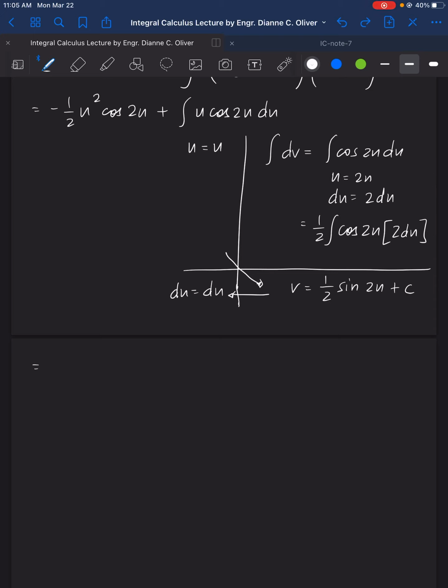So always make sure to include the previous term, which is the negative 1/2 u squared cosine 2u plus the new one that was solved by integration by parts, which is uv, which is 1/2 u sine 2u minus the integral, parenthesis, of v du. So 1/2 sine 2u du.